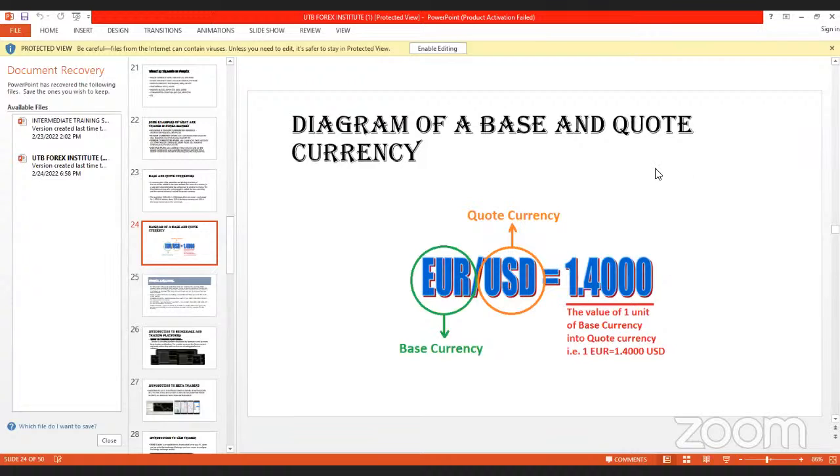The chart shows period, which is time, against price. This way is the price. That's how the chart is represented.